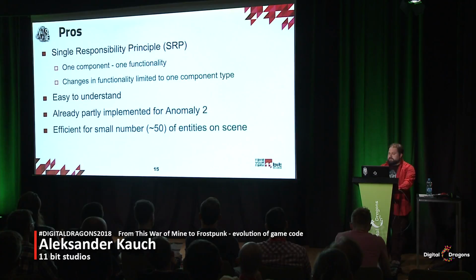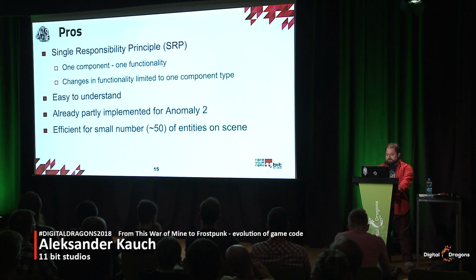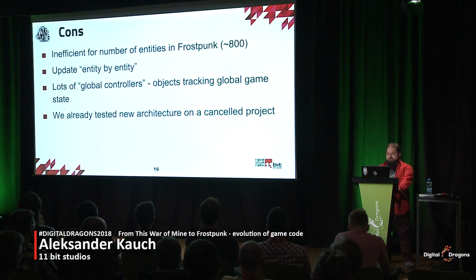It was already partly implemented in Anomaly 2, but, no, I wouldn't say that Anomaly was a component-based architecture, but that's history. And it proved efficient for not that many entities on a scene. I will get to that when I get to Frostpunk, where I will compare and explain more.